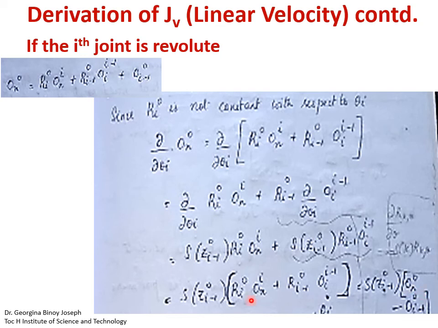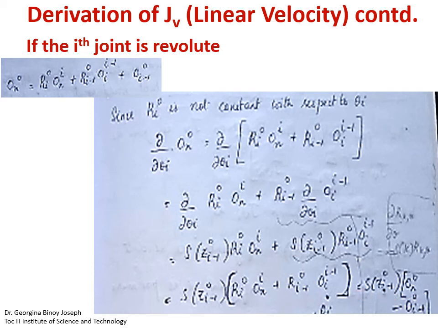When I multiply o_n with respect to the ith frame by the rotation matrix R_i with reference to the base frame, what will I get? I will get o_n with respect to the base frame. Similarly, we have got here o_i with respect to the i-1 frame. When I multiply it by the rotation matrix R_{i-1} to the base frame, what I am going to get is o_i with reference to the base frame. So this is the result we are getting here.